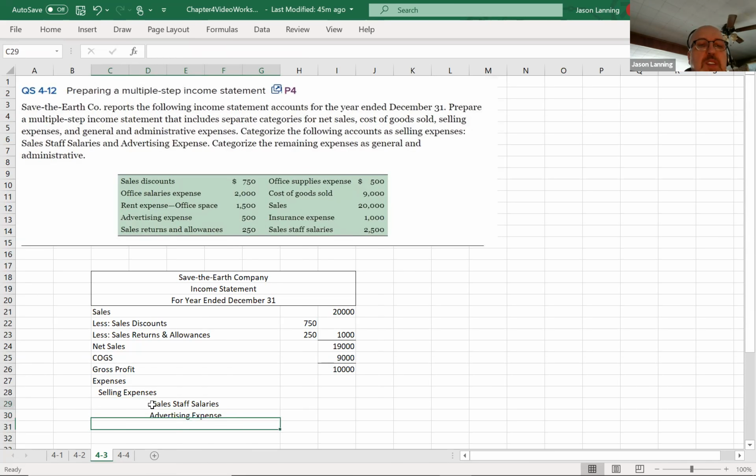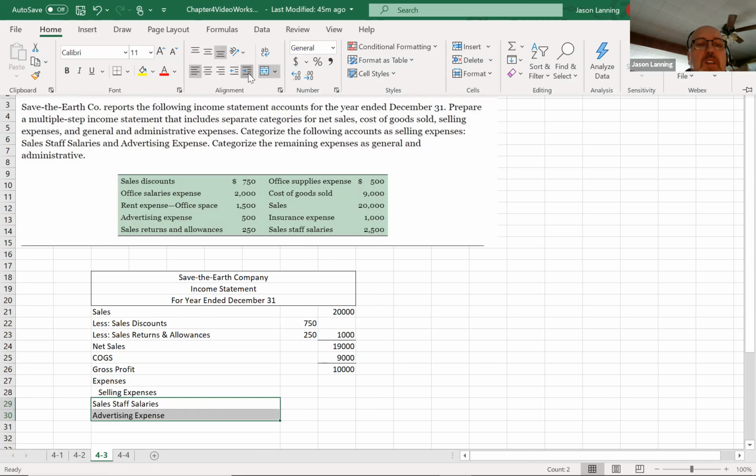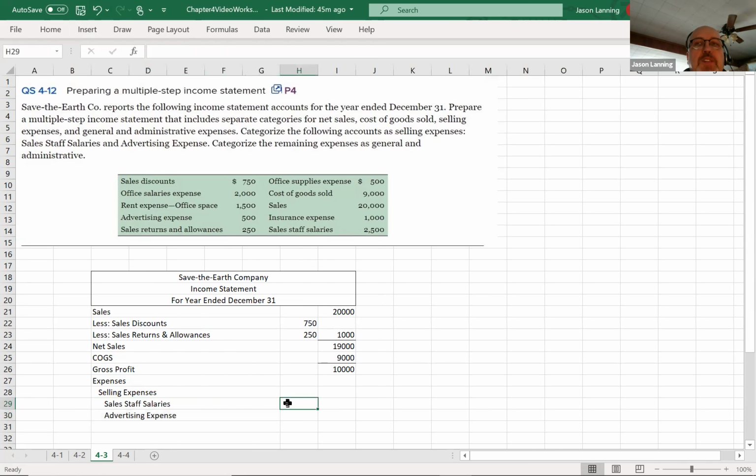I think those are the only two that we have. Sales staff salary is $2,500, and our advertising expense is $500.